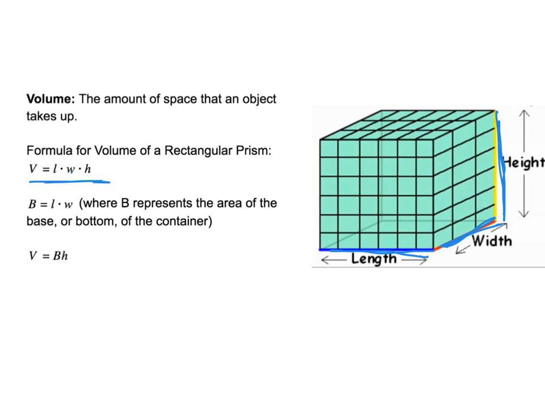So for instance, with this image, we could figure out the volume by recognizing that this shows us 6 units long, times 3 units wide, times 6 units high. And if I multiply all that together, then I should get 108 cubic units.